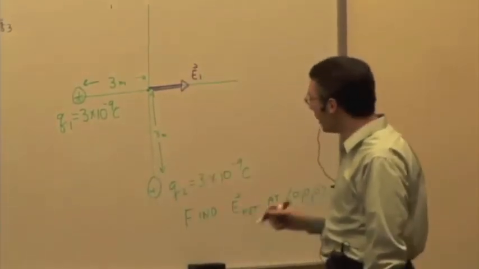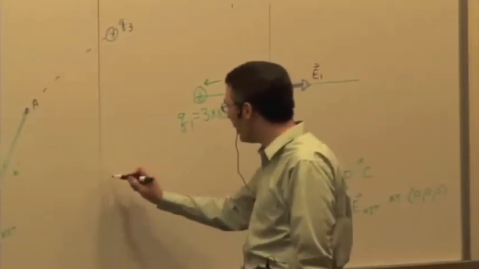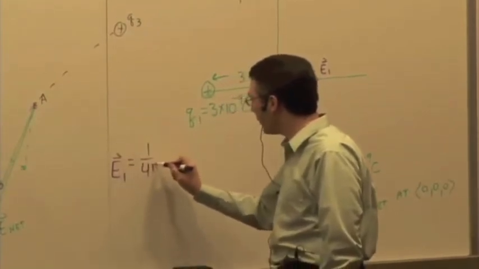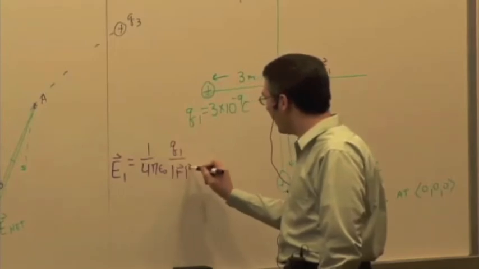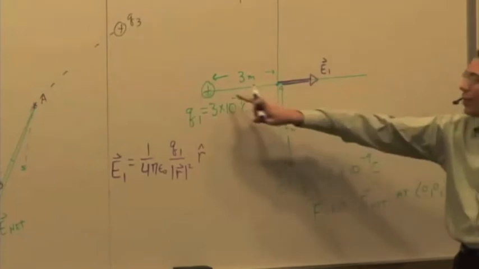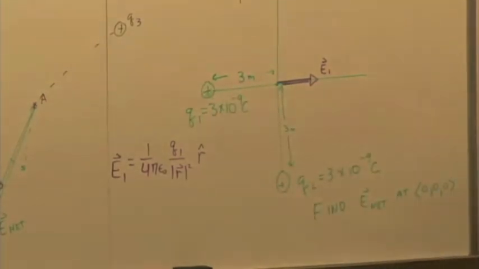And we could quickly calculate this without having to do too much mathematics, because we know E1 is 1 over 4 pi epsilon 0, Q1 over R squared times R hat. Well, what's R hat? What's the vector that points from the source to the observation location that lies along the positive x-axis?